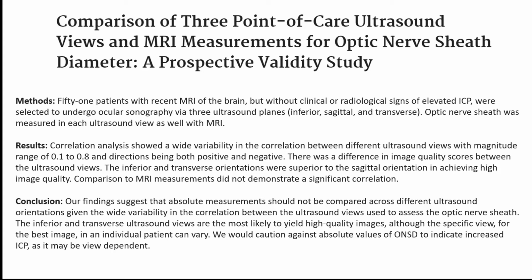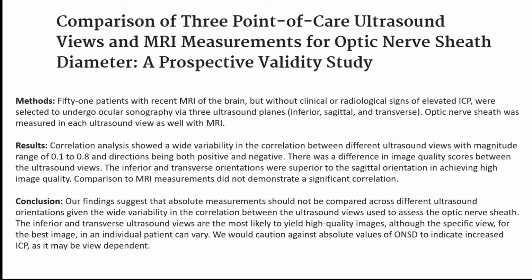However, this is a different study. Here, instead of using patients that had known ICP with a gold standard ventriculostomy and some type of brain trauma, these were healthy patients. In this patient population, they found that the correlation analysis showed a wide variability in the correlation between different ultrasound views, with magnitude range of 0.1 to 0.8 and directions being both positive and negative.